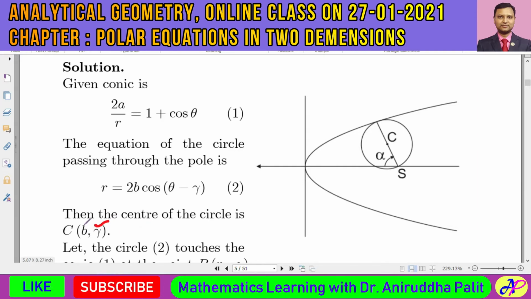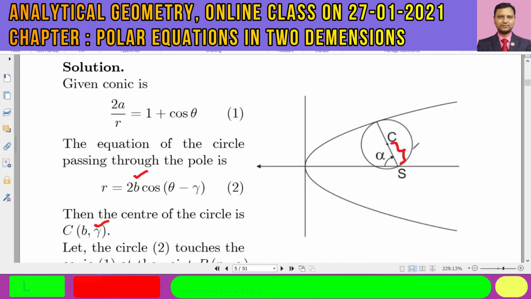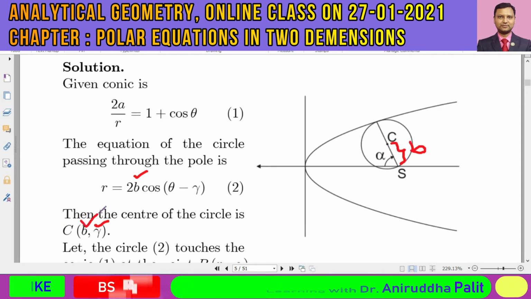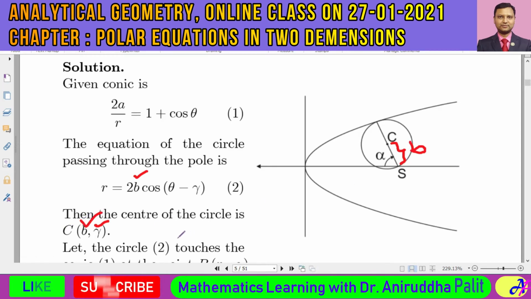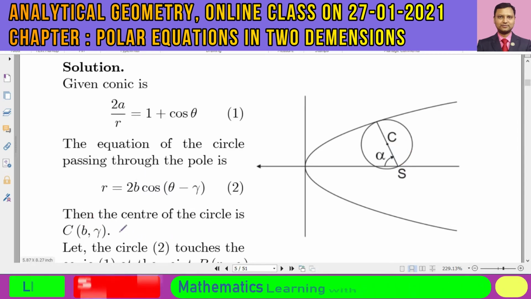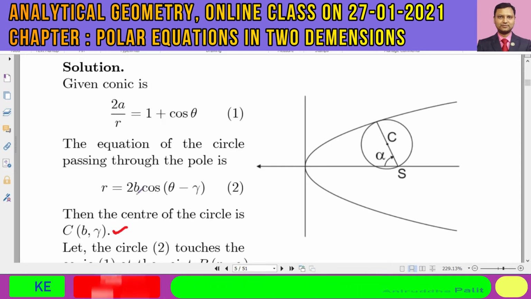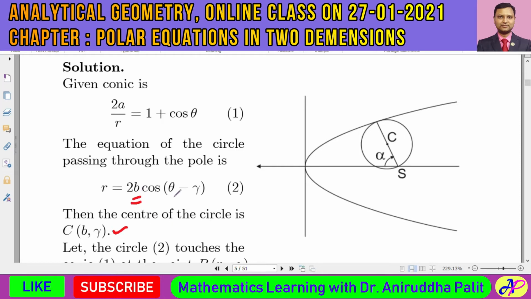But from this equation, it is clear that the distance of this center should always be equal to B. Therefore, the radius vector of this point C should be equal to small b. So the coordinates of this center are B comma gamma. In any case, we need to determine these two quantities, B and this angle gamma.